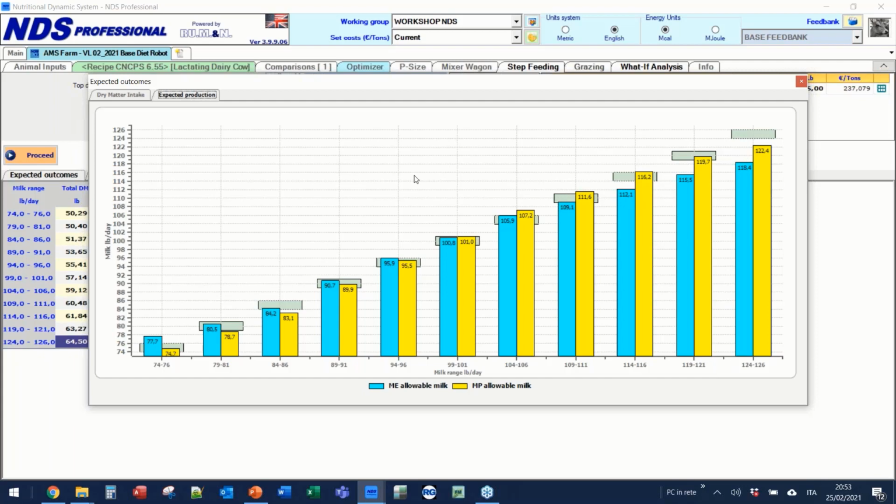But please consider that at this stage, we do not consider any contribution by body condition score losses.